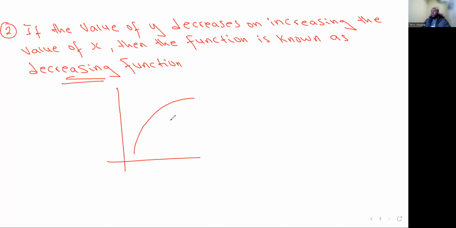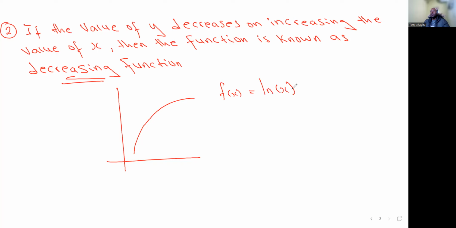A decreasing function looks like this. Are you seeing it? So what happens is that as the value of x increases, the value of y what? Decreases, okay? So this is what we call a decreasing function. A classical example for this is f of x is equal to ln x, all right?